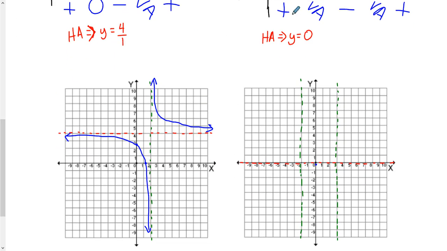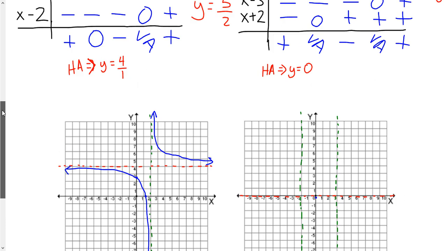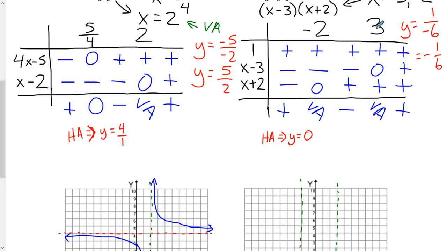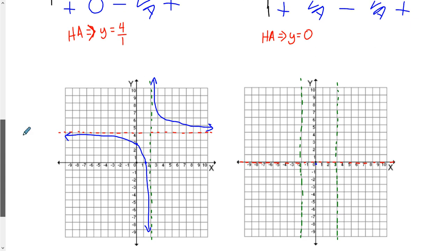Our sign analysis, this positive, oh, that number is -2. This number is 3. All right, so on the left-hand side of -2, we're going to be positive. Well, the only way we can be close to those asymptotes and still be positive will be like this. In between the -2 and the +3, it says negative.